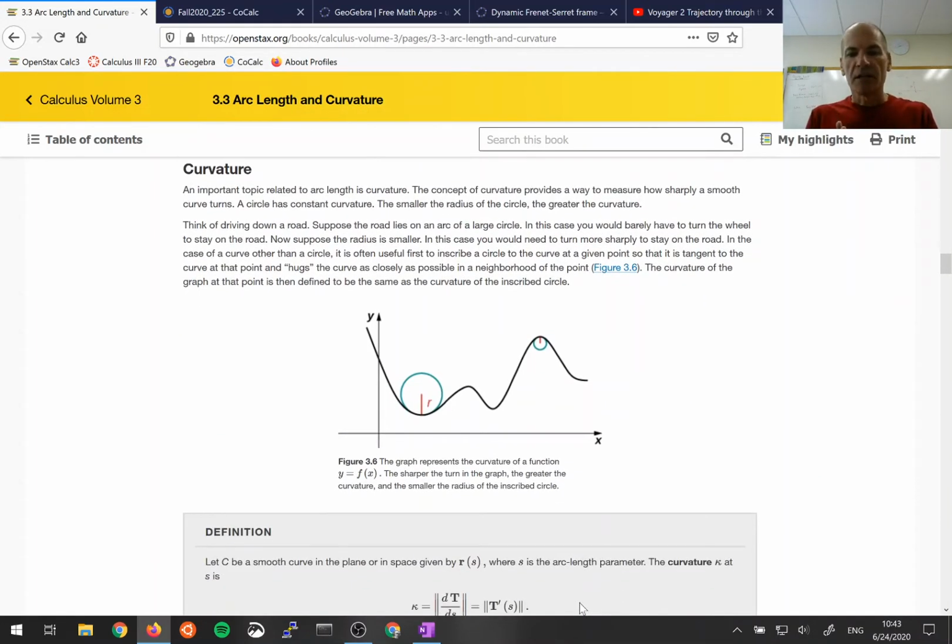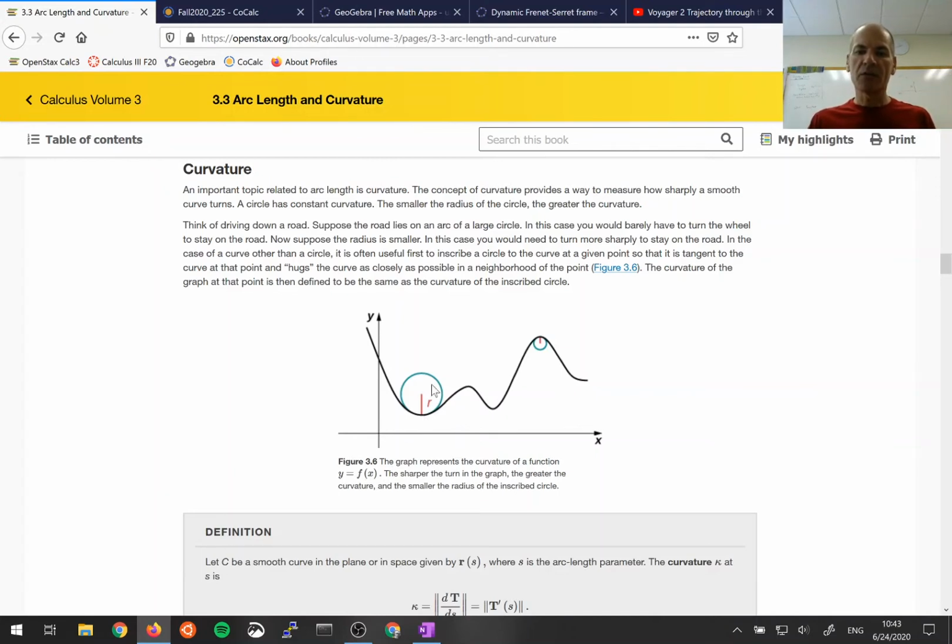Okay, next on the agenda is the curvature. The curvature is a way of measuring how sharply a curve is bending at any particular moment. And in the figure here, we see at this point, the curve is bending not quite as sharply as, say, the curve over here. And what we do is we use circles to measure the bend. We'll say that the arc of a circle is the canonical curvature idea.